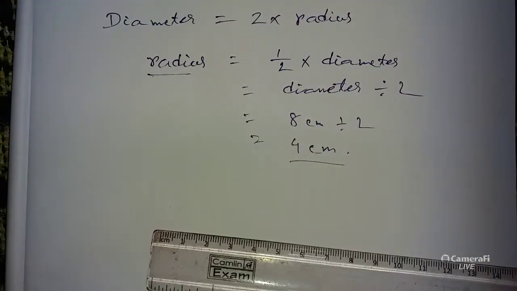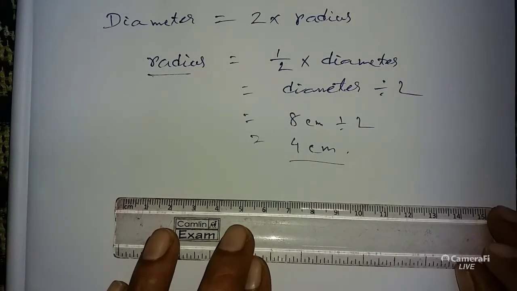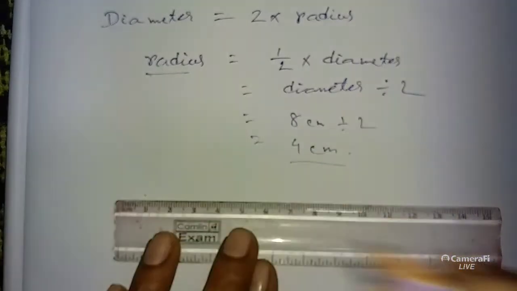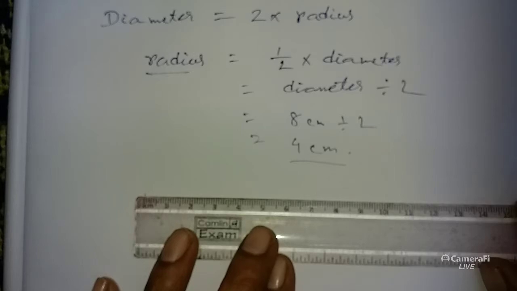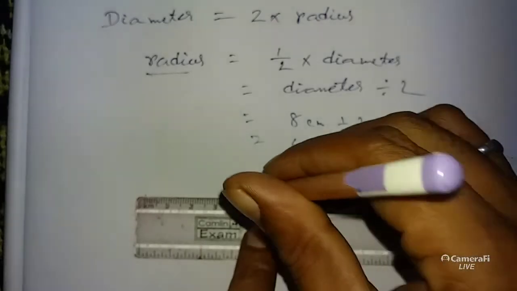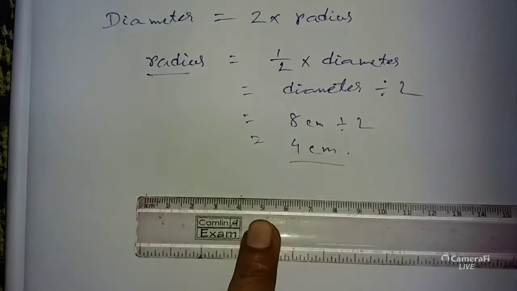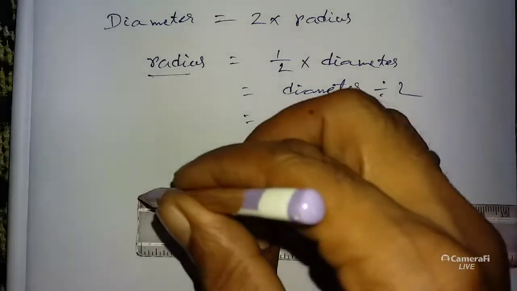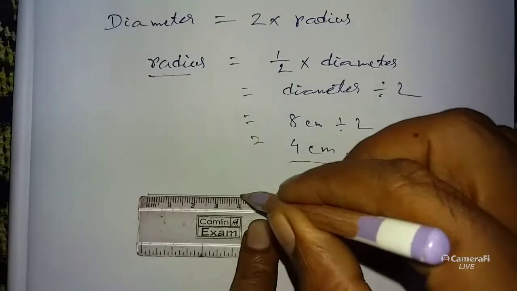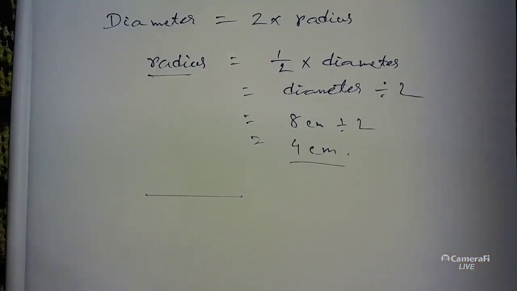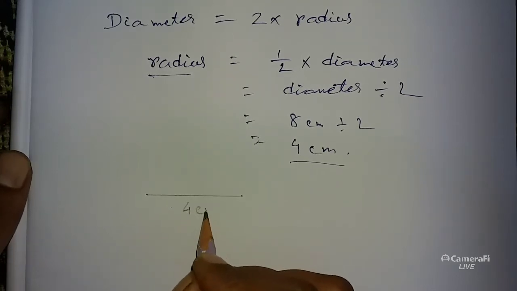Let me draw first a 4 centimeter by scale. Take a point, place the scale at 0 level, and here is 4, join it. So, this becomes 4 centimeter.